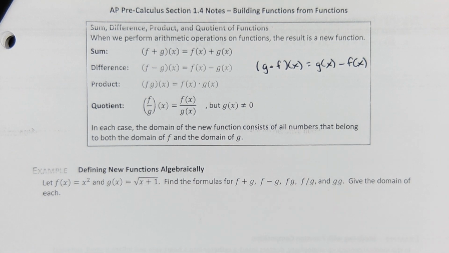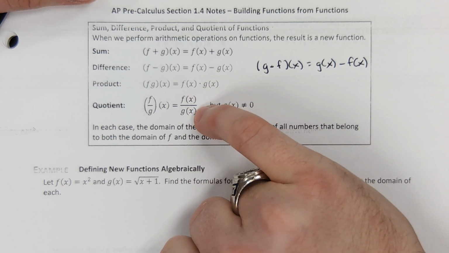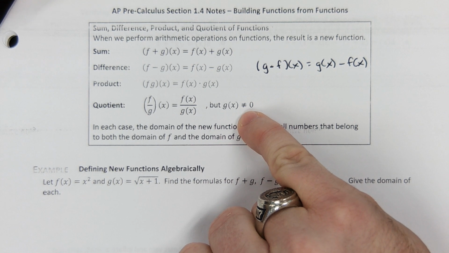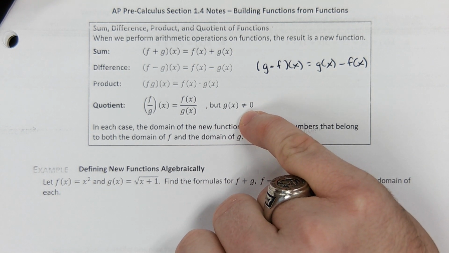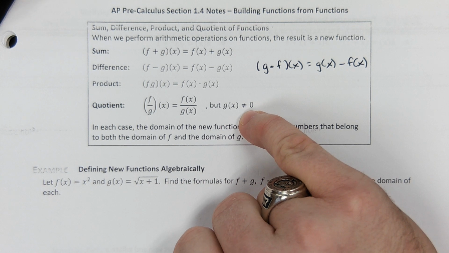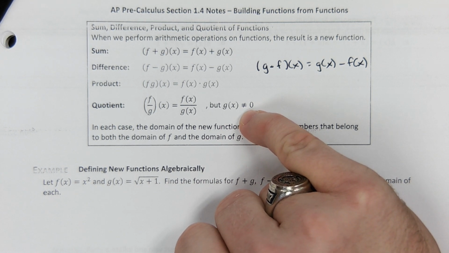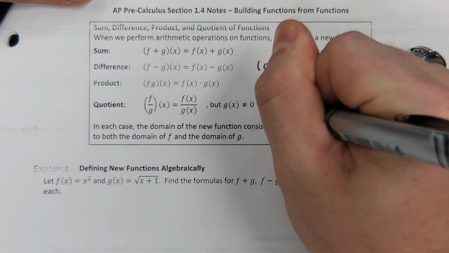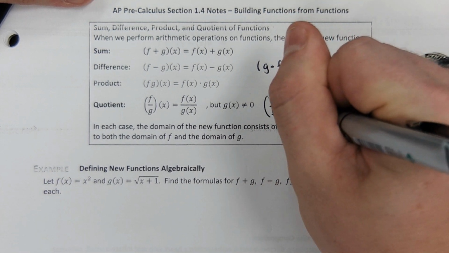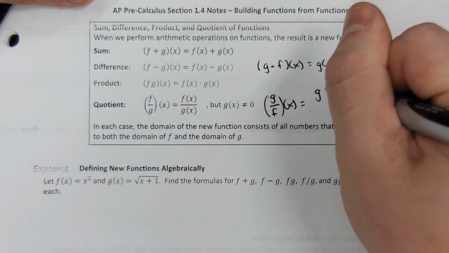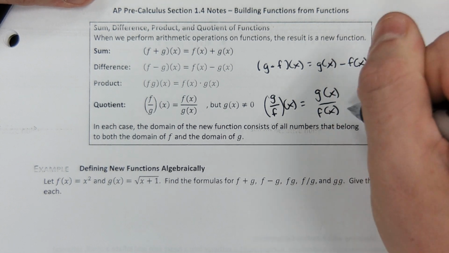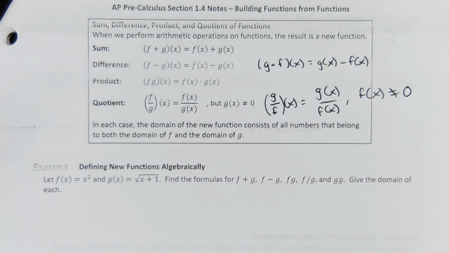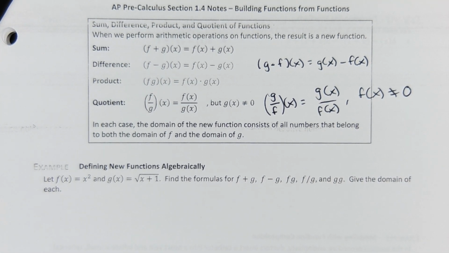So if I say f over g of x, you do f of x divided by g of x, and you just make darn sure that the bottom function can't equal 0. So division will often introduce new domain restrictions that you didn't have before. Not always, but often. And, like I said, order matters. So g over f of x is a different equation. This time, f of x can't be equal to 0.